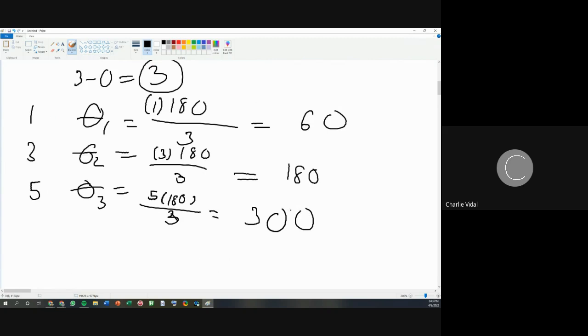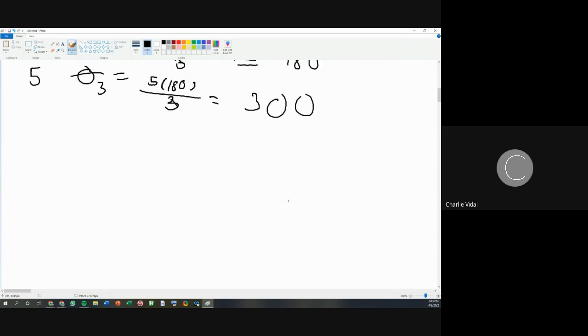So if you have this graph where you have 3 x's, basically it's saying there's an asymptote going to 180, an asymptote at 60, and an asymptote at 300. 60, 180, and 300.